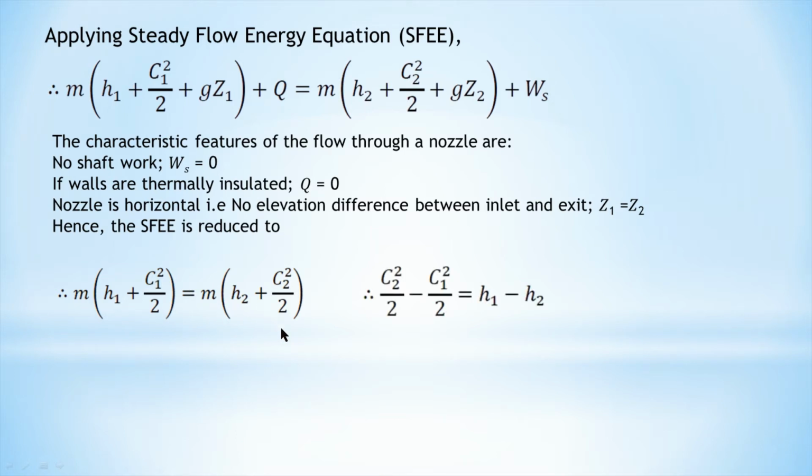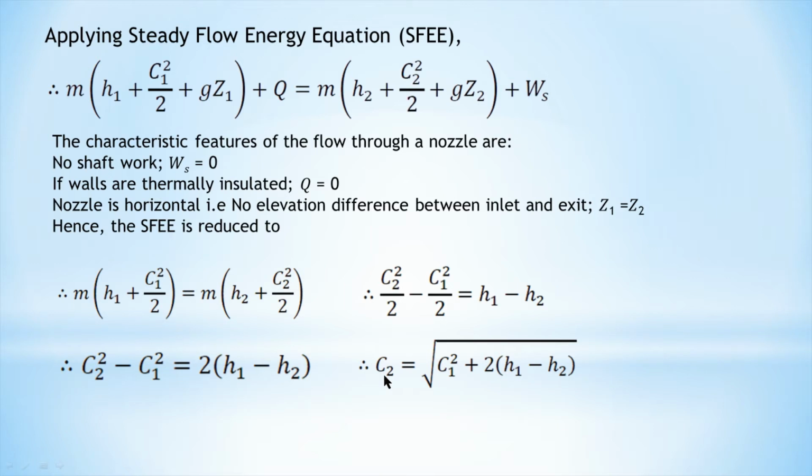Now we simplify this equation further. The mass remains the same, so it cancels out, and the equation reduces to C2 square by 2 minus C1 square by 2 equal to H1 minus H2. So C2 square minus C1 square equal to 2 in bracket H1 minus H2.